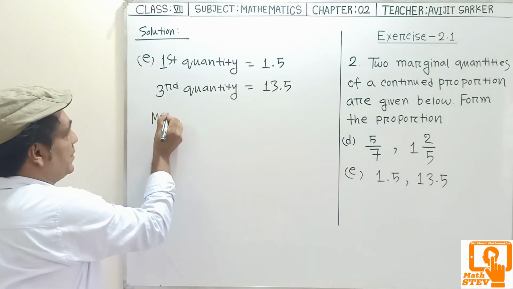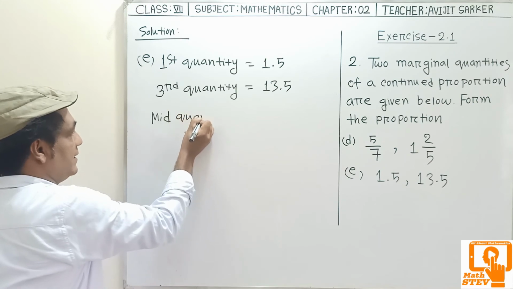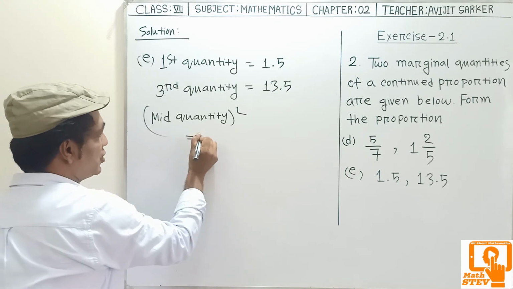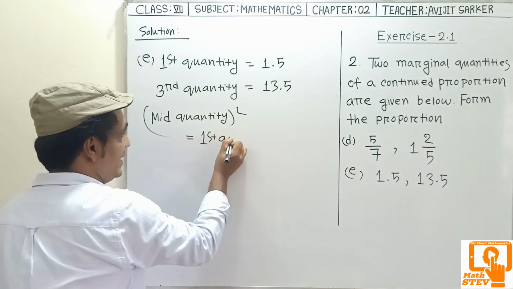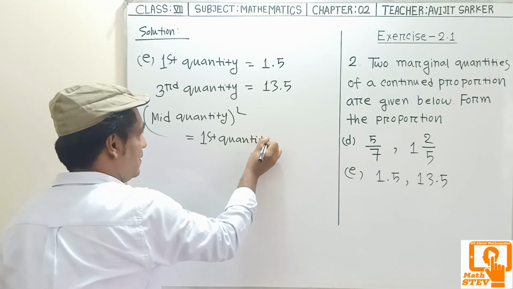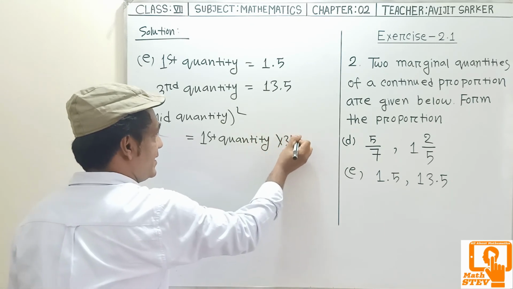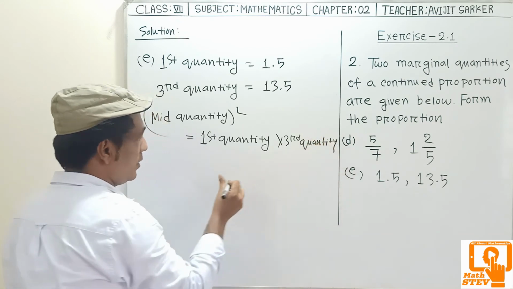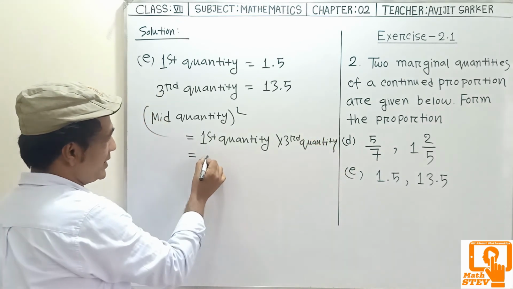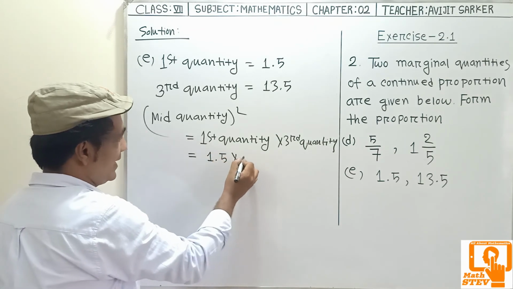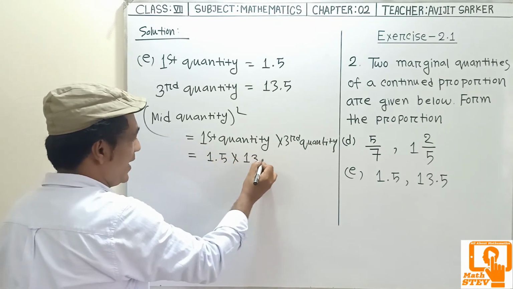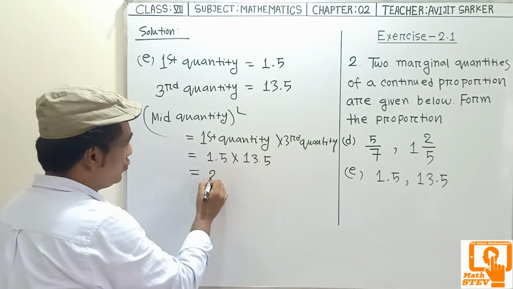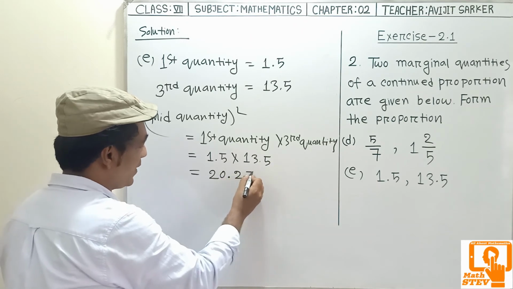Now, mid quantity square equals first quantity multiplied by third quantity, equals first quantity 1.5 multiplied by third quantity 13.5, equals the product of these two numbers, 20.25.